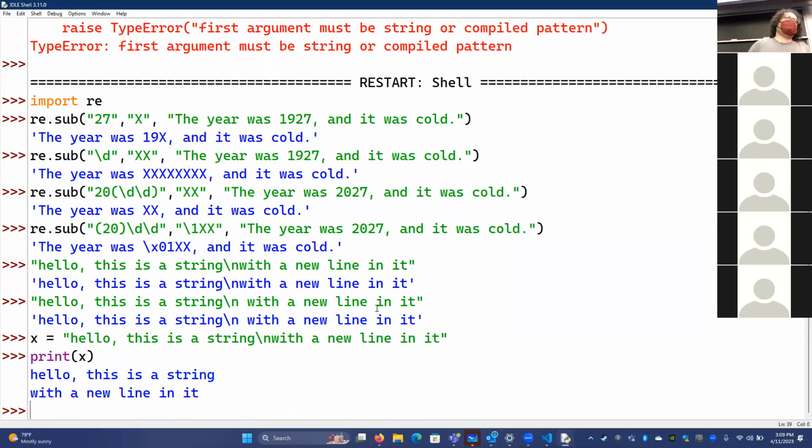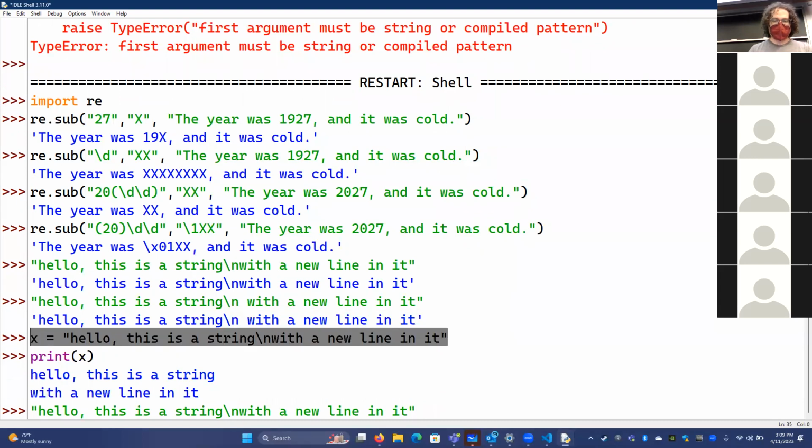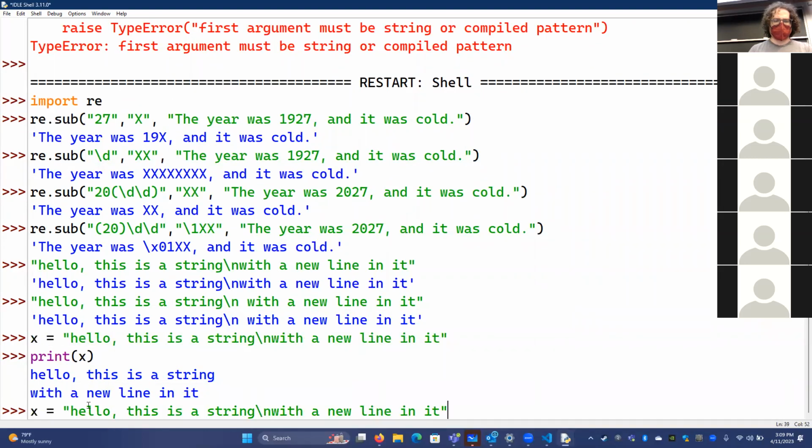Okay, and now with regards to what is a raw string? A raw string is this. Let's go ahead and grab this again, but now I'm going to put the letter R in front of it. And we really only use this in terms of regular expressions.